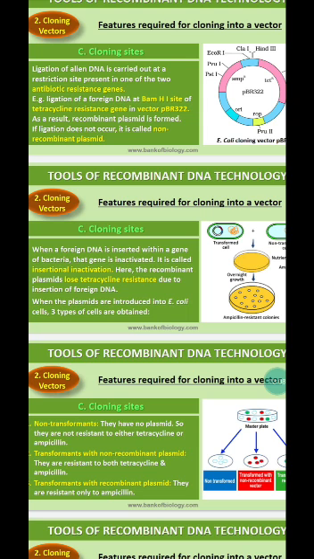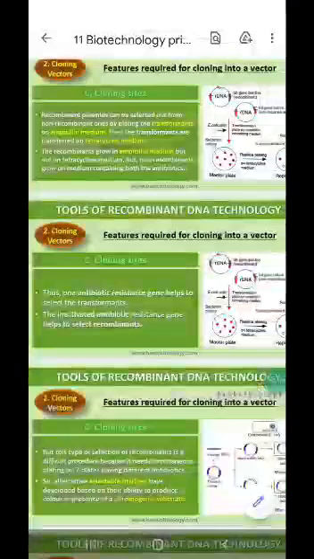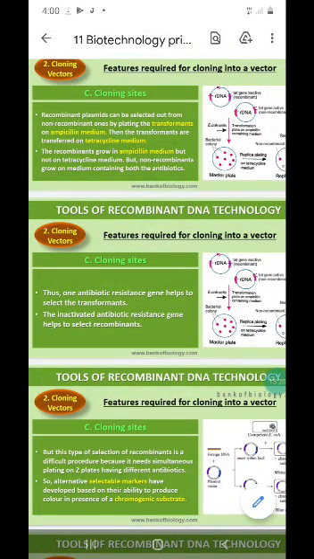Clear? Now, how do we know whether it has got transformed or not transformed? How do we understand whether it has got incorporated into it or not? Suppose we have incorporated a foreign gene into the BamHI site, which means in that site there is the tetracycline resistant gene.